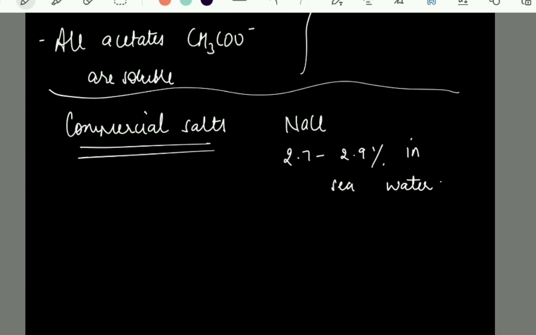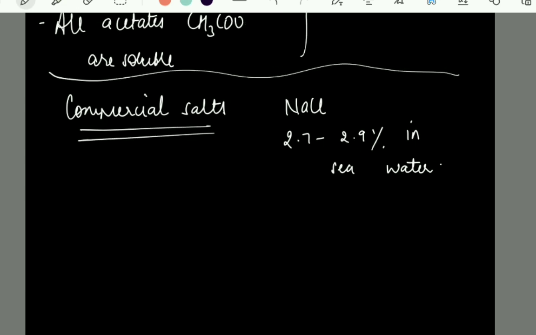So we have a lot of salt, and if we want to manufacture other compounds from it, why not? It acts as a raw material for various substances in our daily use. So one by one we are going to discuss.